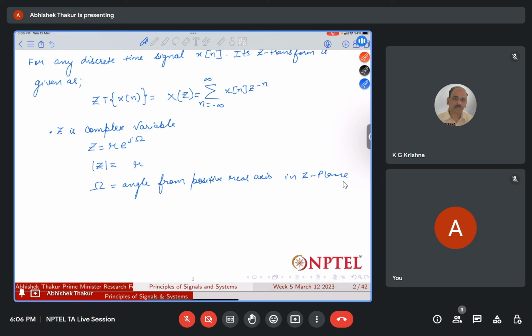In the lecture also they have used this omega only for discrete time. So we'll use this so that there is no confusion, as I can see in lecture 25.